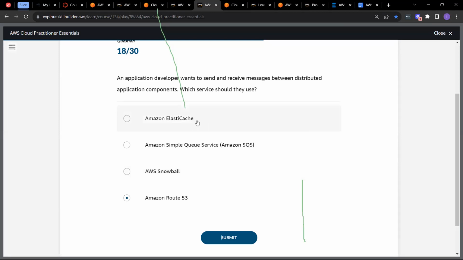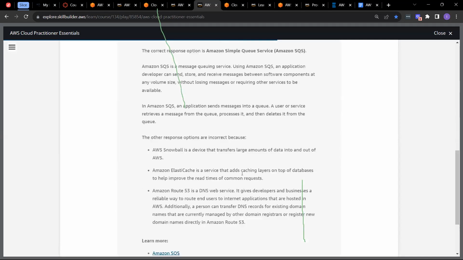Elastic Cache. The name itself says it: cache is elastic. So it's about caching, and I'll go for SQS.